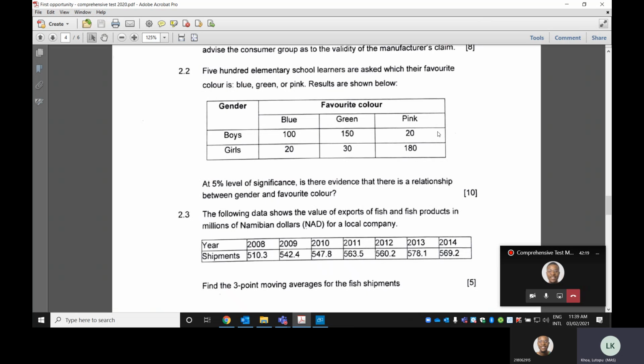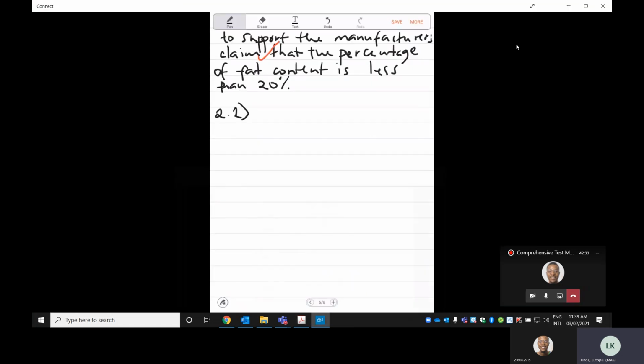Okay, so we know how to do this. We need to come up with a table, show the observed, then the expected, and then from there we will work out our test statistic. So whenever we're carrying out a hypothesis test, we follow the 5 steps. So first one is our H0, then we have our alternative.